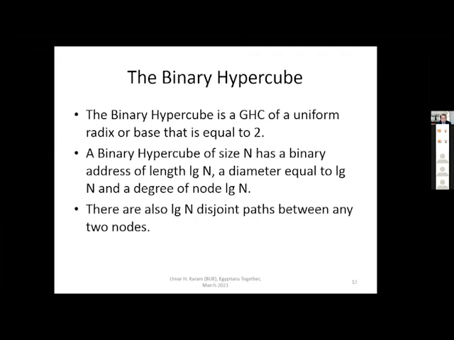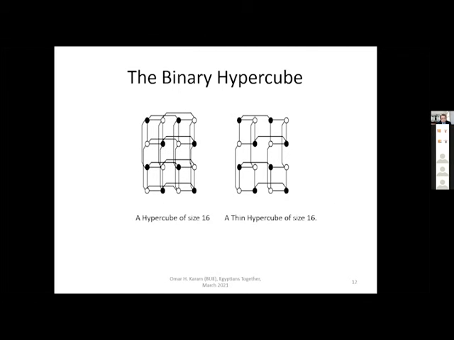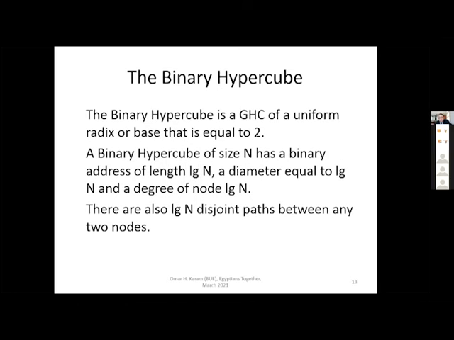The simplest generalized hypercube is called the binary hypercube. It is simpler because it is to the base 2. So the binary hypercube has just a uniform radix or base that is equal to 2. And everything in it is proportional or related to log to the base 2 of n, which is the number of dimensions.